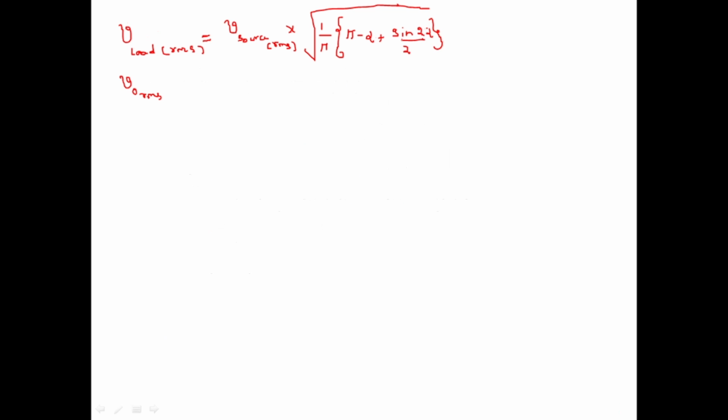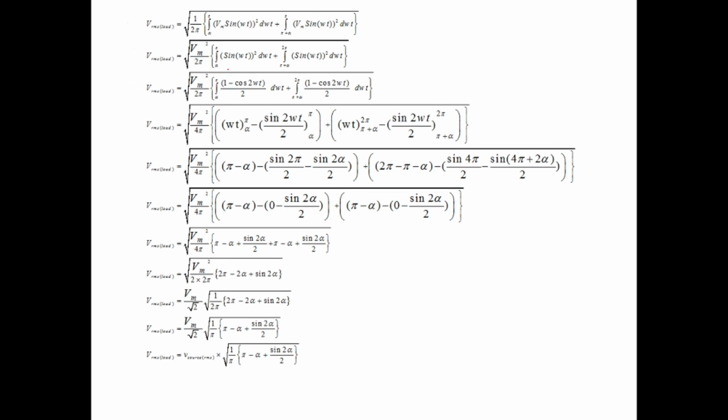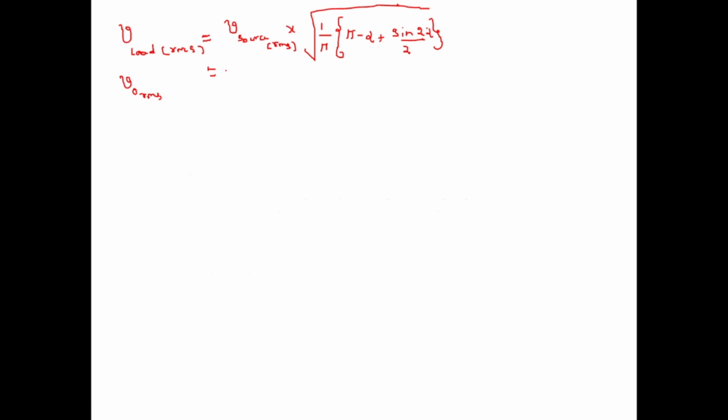Here alpha is the firing angle. So it is easy to calculate once we know the source RMS. One thing I will tell you, we can use it as source RMS, or else in some formulas it looks like Vm by root 2 into the same thing.